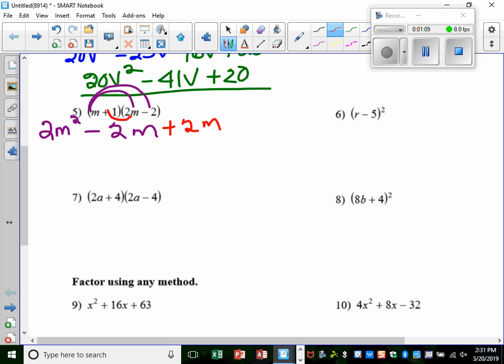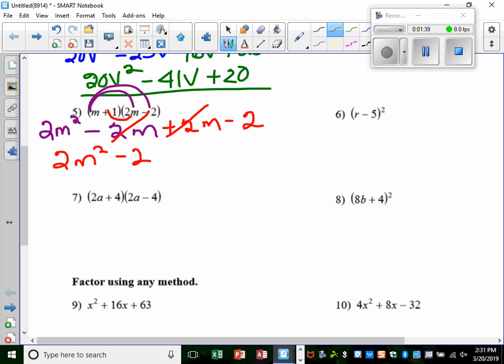And then positive 1 times the negative 2 would give me what? All right, negative 2. Okay. So now these cancel out. Is that right? All right, so I have 2m squared minus 2. Is that right? Yes? Okay.